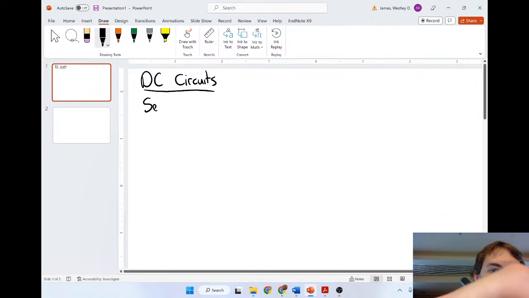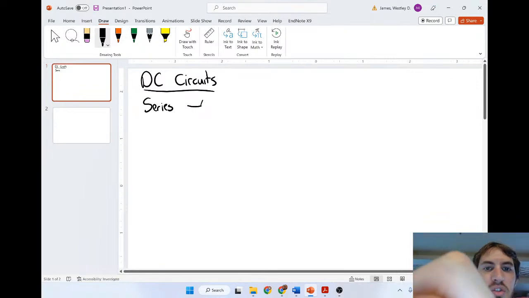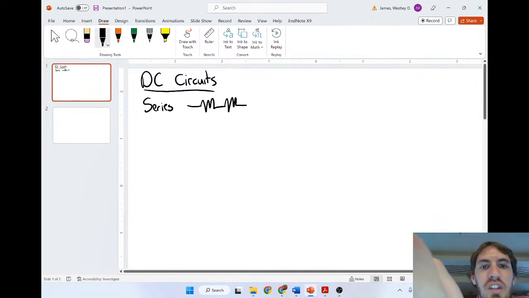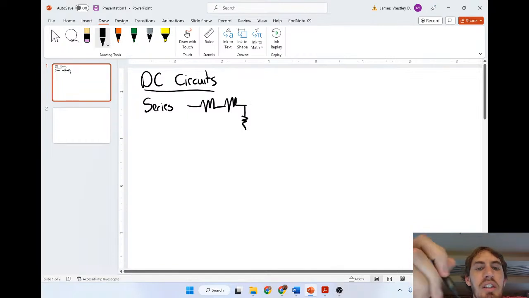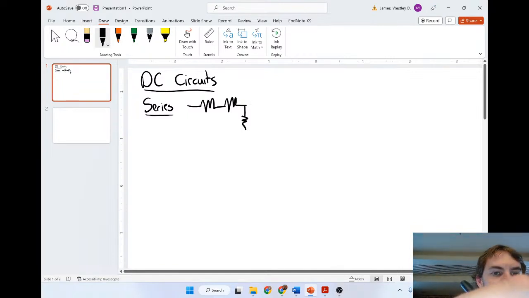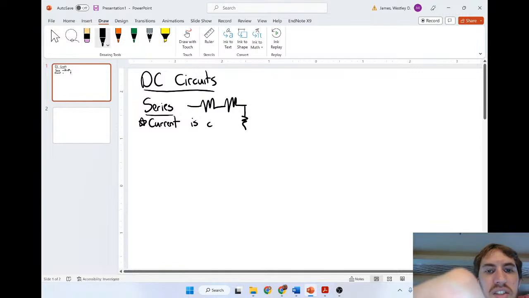So, series. What does series even look like? It's one after the other after the other. No junctions between them. There can be a little elbow here, that's fine, as long as the wire doesn't split. In series, you know what, before I even give you the equation for the net resistance, in series, current is constant. That's what you all need to remember for that.